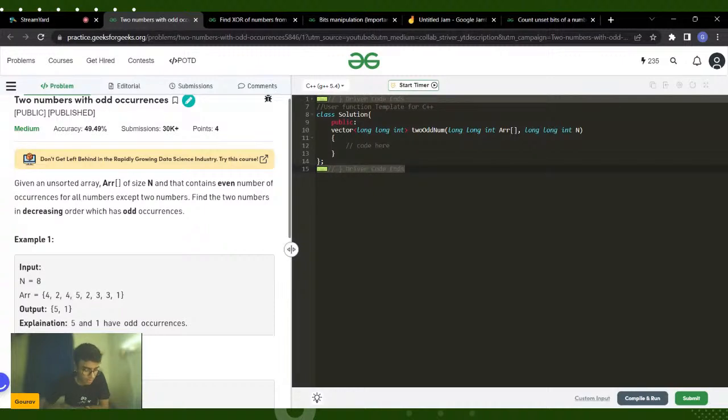Can anyone briefly write the concept about solving it? This also involves XOR, and this is actually a very famous problem. Around 30,000 people have solved this problem. XOR all elements, yes, this is the first step, but this will not give you the whole answer.